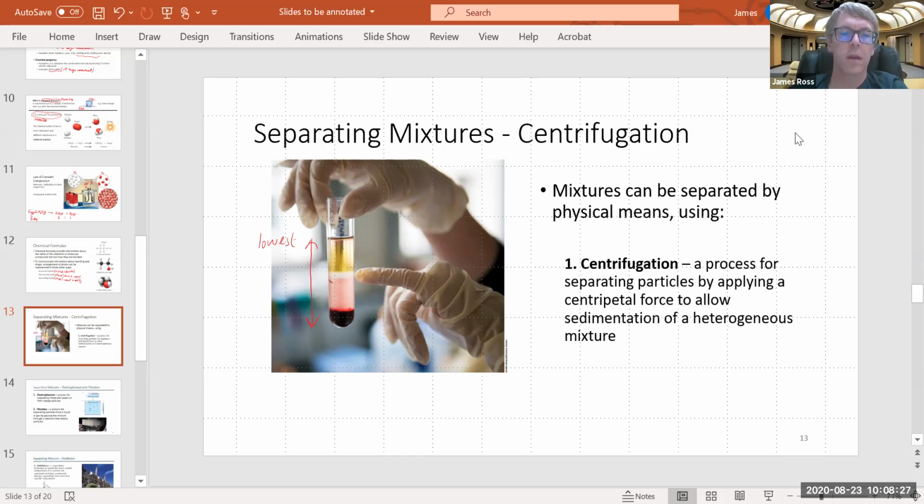It's actually going to be based on density. So the lowest density is going to be at the top, and the highest density is going to be at the bottom. So you get a density profile. Remember, density is mass per unit volume.